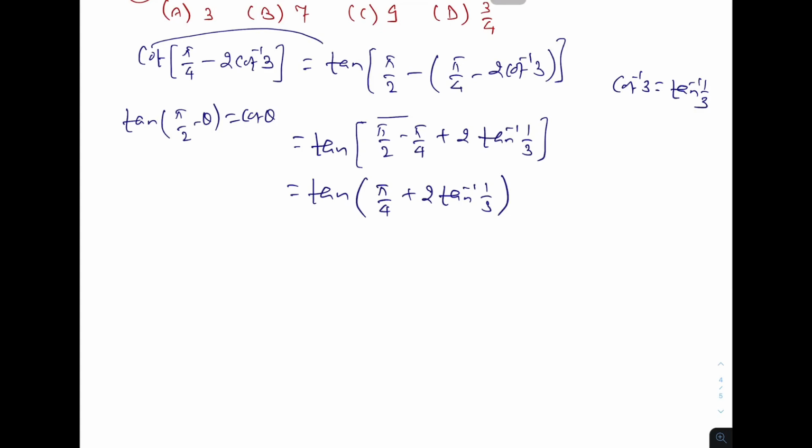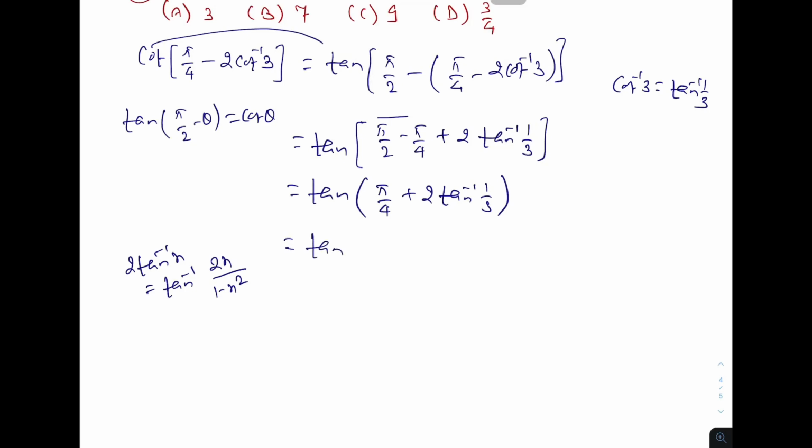Now see, we know that 2 tan inverse x is equal to tan inverse 2x over 1 minus x square.